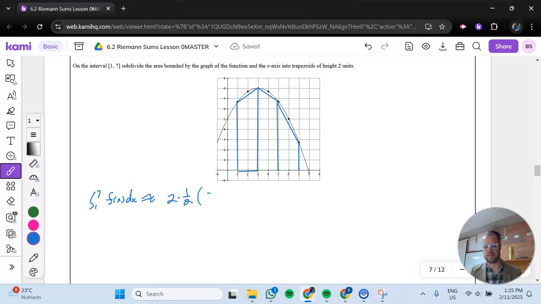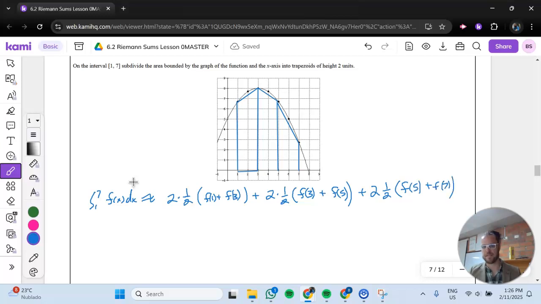In our case, that's f(1) plus f(3). Then 2 times 1/2 for the width times the average of the next heights, f(3) and f(5).